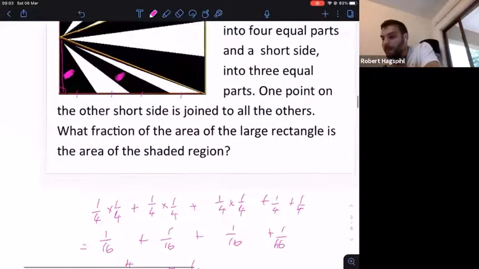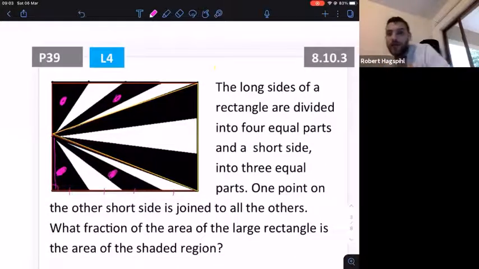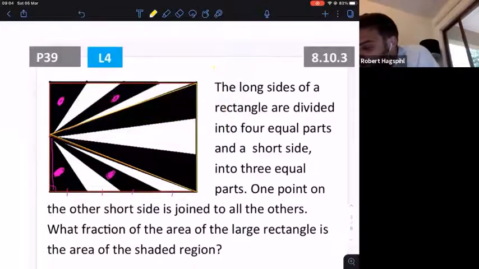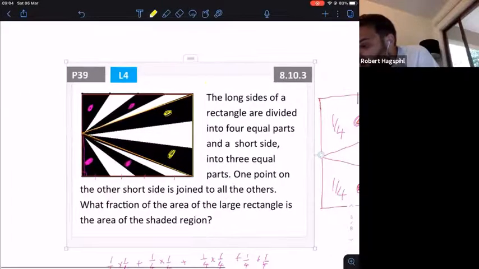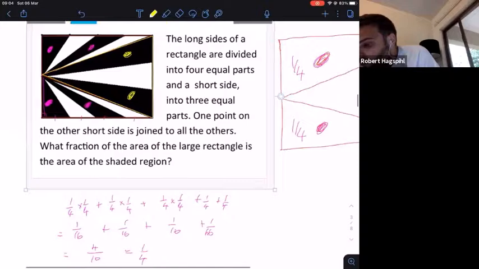All right. Then I'm going to look at the yellow triangle now. And does everybody see that both of those are equal to a third?